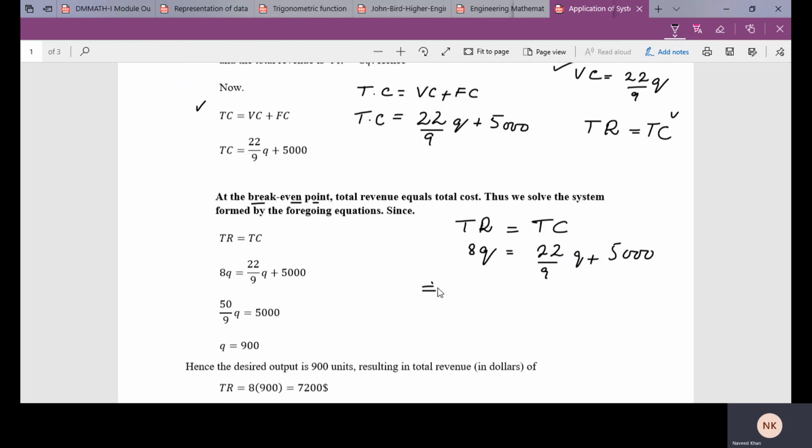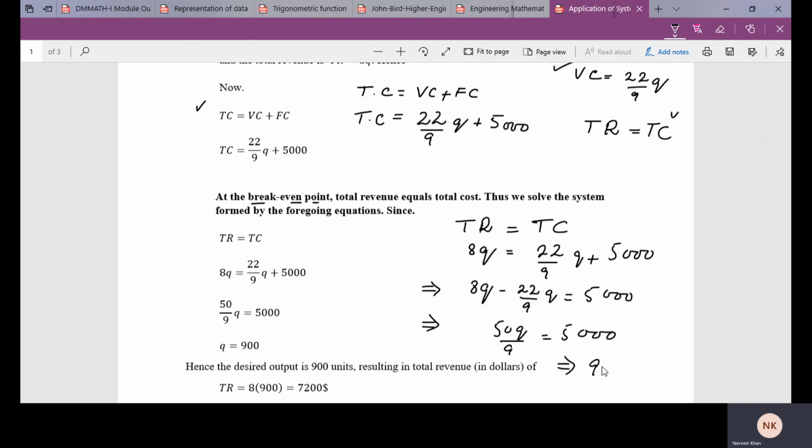Now when we move to the other side, we have 8Q minus 22/9 Q is equal to 5,000. So it becomes (72 minus 22)Q divided by 9 equals 5,000, that is 50Q/9 = 5,000.